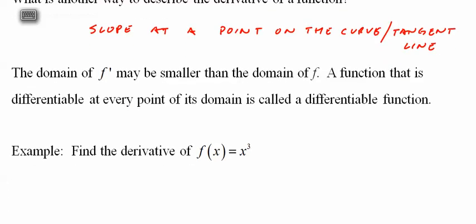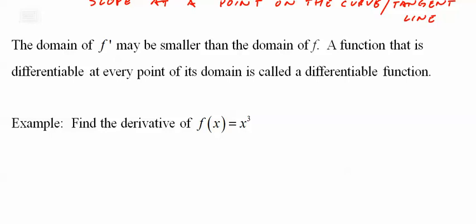So, a little bit of nonsense here. Be aware of it. I put it in my notes, so it's important, but it doesn't pop up that often. The domain of the derivative may be smaller than the domain of the function, as in the derivative may not exist in a few spots. We'll get to this. But some functions are completely differentiable, like a nice polynomial, x to the third, for example.